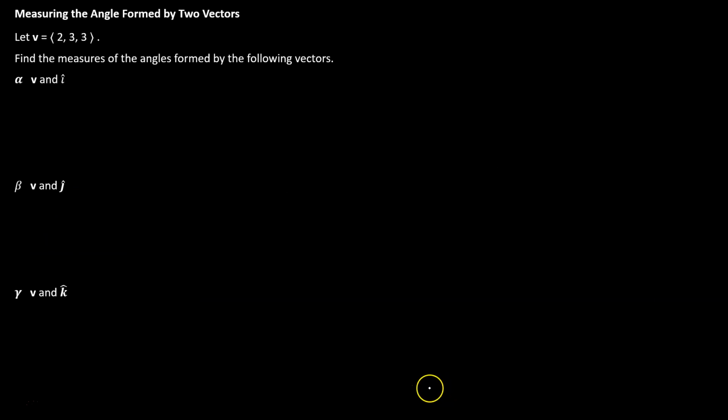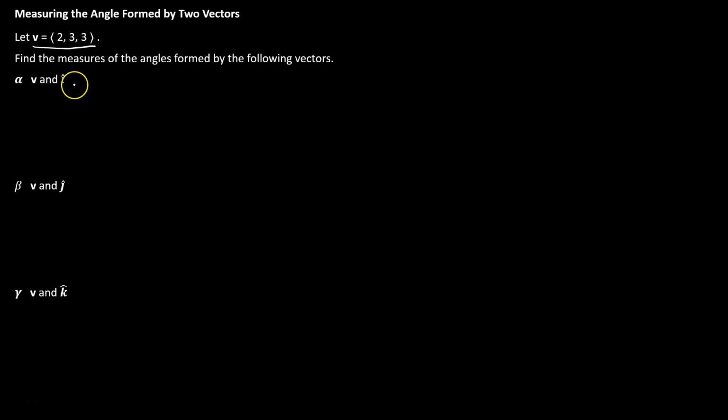We're going to look at a few special angles next, and we're specifically going to look at a vector like this vector v, and the angles that it forms with each of the standard unit vectors, i hat, j hat, and k hat.